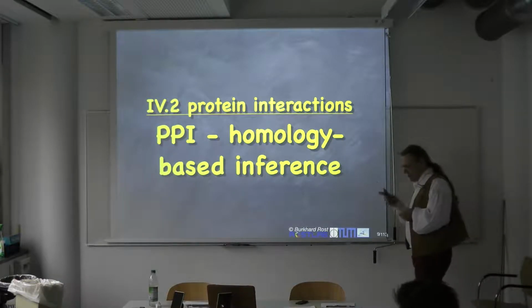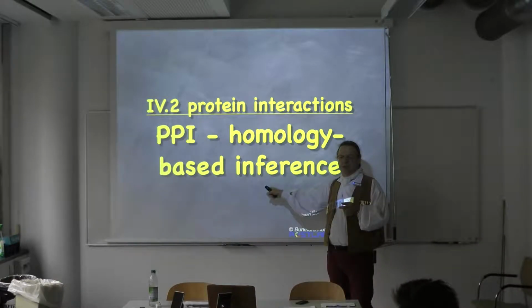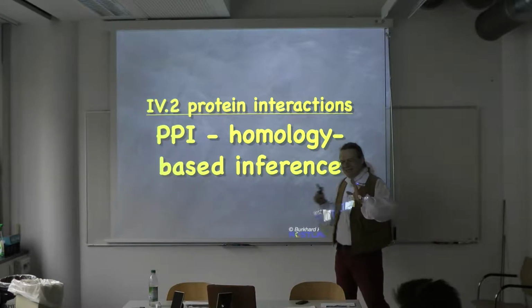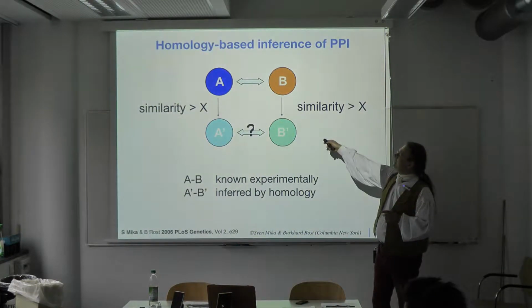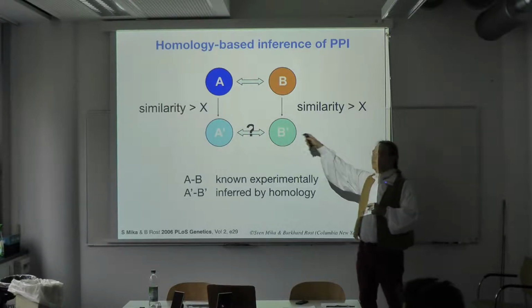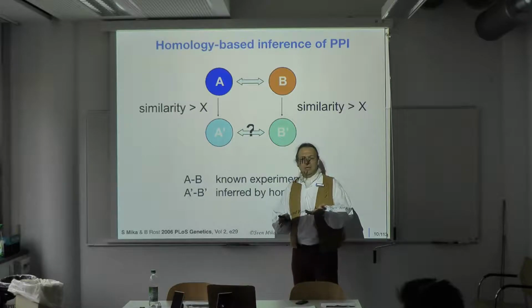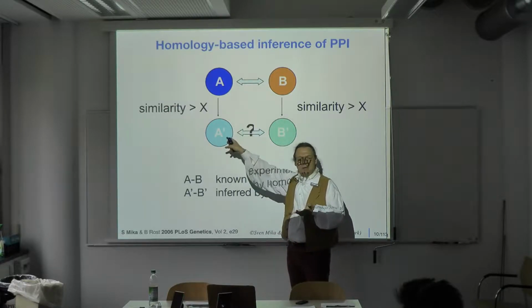I have talked again and again about homology-based inference. You guys ready to explain what that is, right? In homology-based inference, we can do the same thing for protein interactions, okay? This is slightly more complicated. In this particular case, usually there's a protein A for which I know something, there's a protein A prime for which I don't know the function. A and A prime have similar sequences.